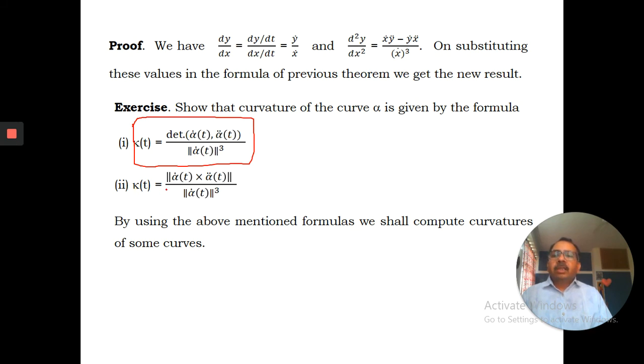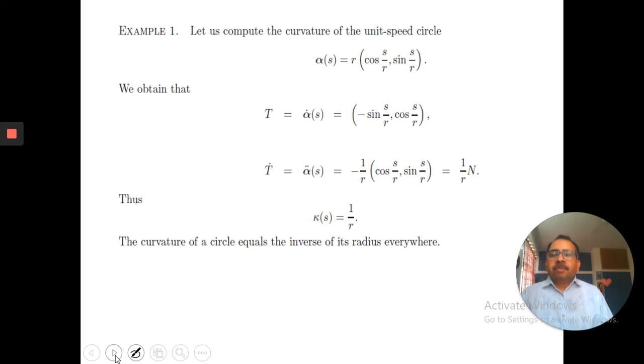And second, take the cross product of the vectors alpha dot t and alpha double dot t and divide it by this norm of alpha dot t cubed. These two formulas are also for computing the curvature of any arbitrary parameterization. And again, I say this is not hard to prove from the given two formulas which I just gave.